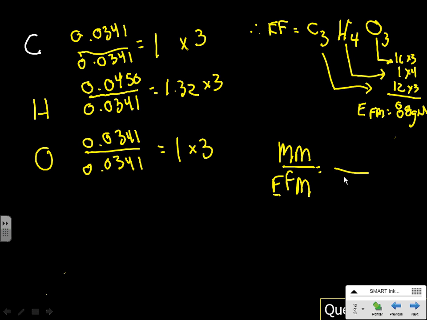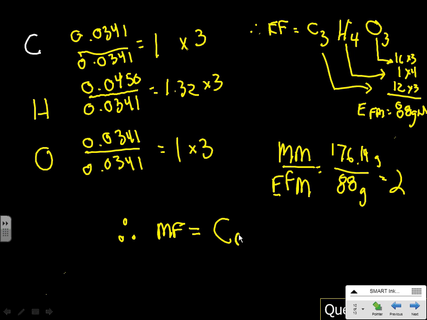I don't know what it is because I can't remember the question. 176.14. Lots of significant digits there, but I don't think we need them all. We're looking at 2, right? Beautiful. 2. That's what we like. Therefore, the molecular formula is, so I'm doubling everything again, right? C6H8O6.